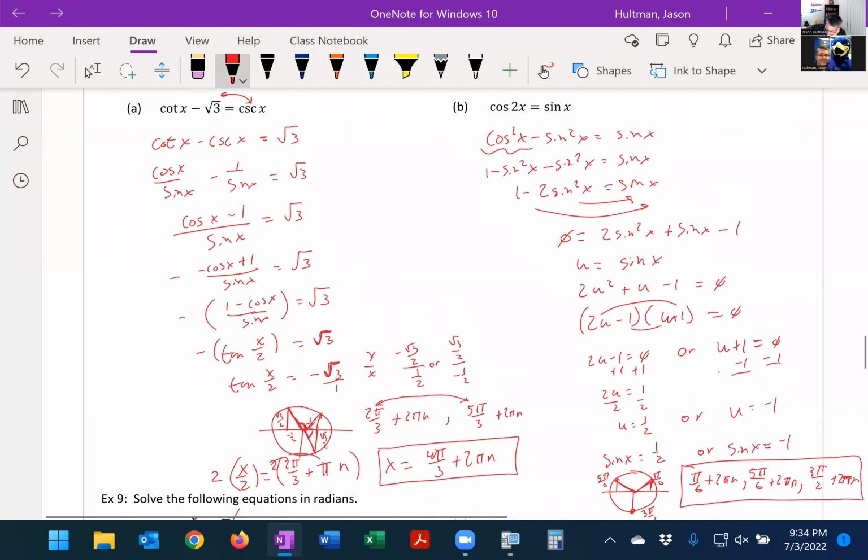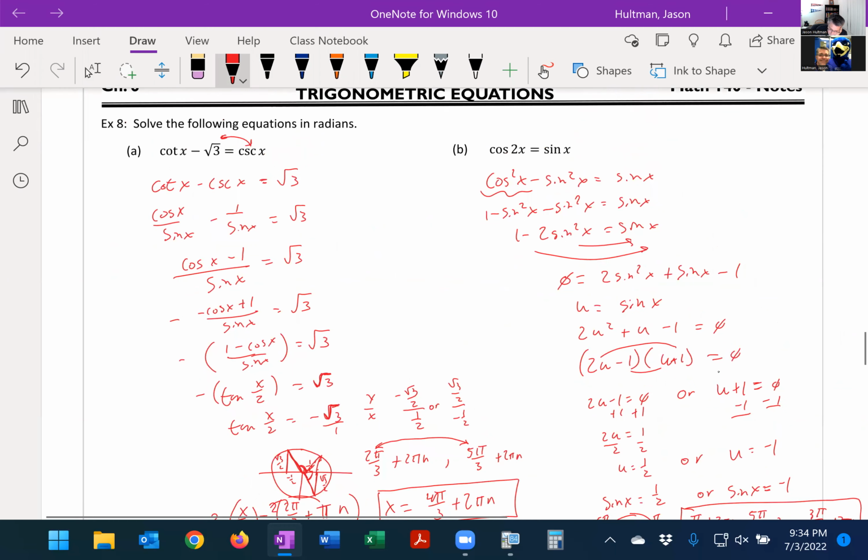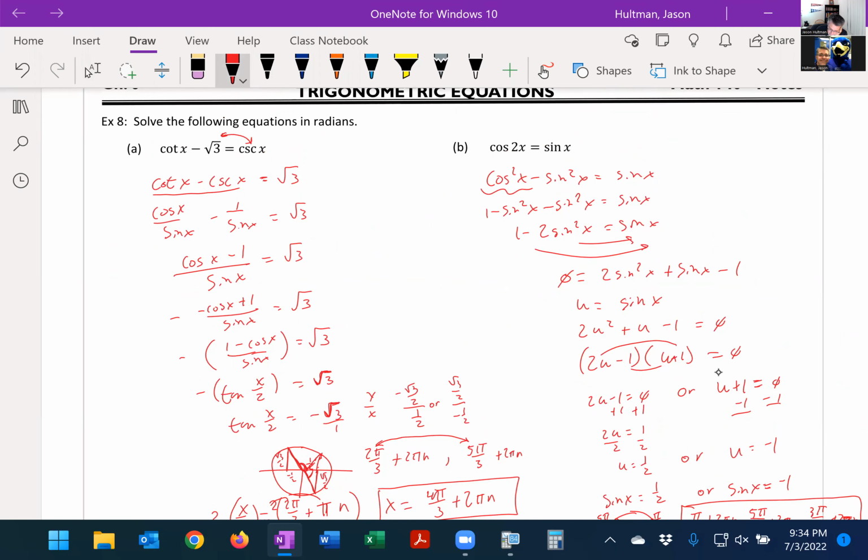Oh, well, I know what that is. The cotangent minus cosecant, wasn't that negative tangent? That's what we got up here, right? That was when we did the cotangent minus cosecant. We ended up showing that that was negative tangent of x over 2.